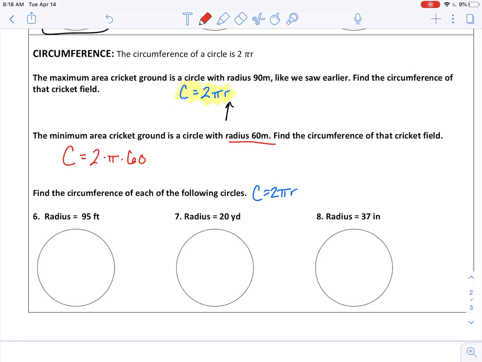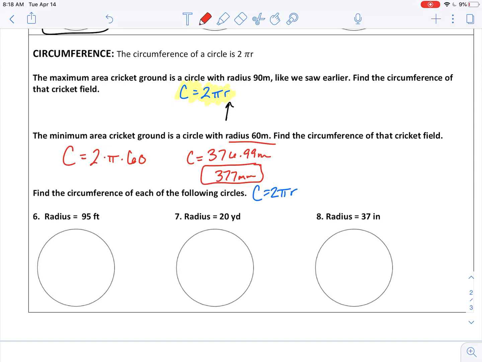So let's see. If this radius is 60 meters, I want the circumference. So circumference equals 2 times pi times the radius, which I said was 60. And all we're going to do is simplify that. So 2 times pi times 60 in your calculators.